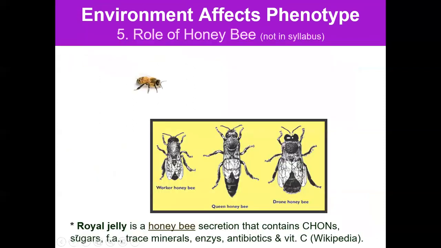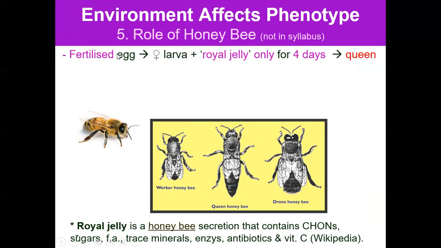Okay. Now, the last one is a very interesting one. This one tells us that what we eat is what we are. Okay, a very good example. See, for honey bees, fertilized eggs will become female. So this female larva hatches already, right?